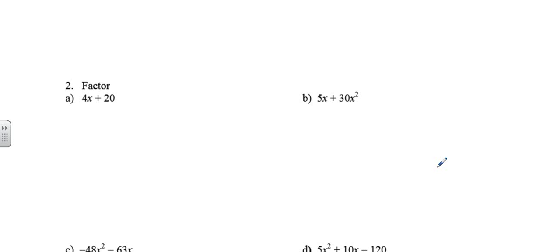All right, so now what we're going to do is we're actually going to factor this binomial. So steps to factoring. Number 1, you're going to find the common factor. So the greatest common factor, the GCF, you're going to put it in front of a bracket.